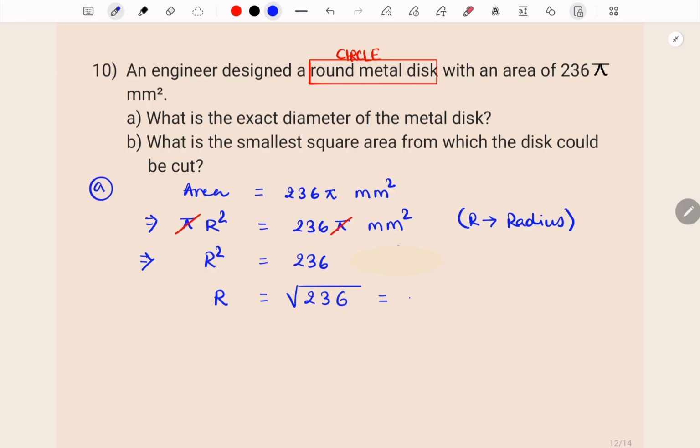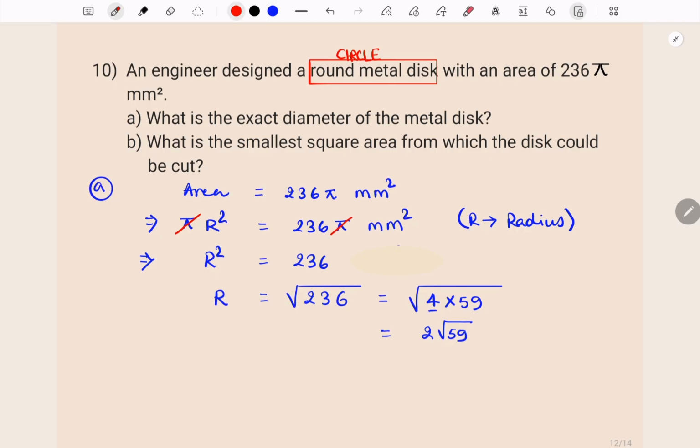So 236 can be simplified as 4 times 59. Again, I need to find factors of 236 so that one of the factors must be a perfect square. So here 4 is the perfect square. So square root of 4 is 2 times square root of 59.